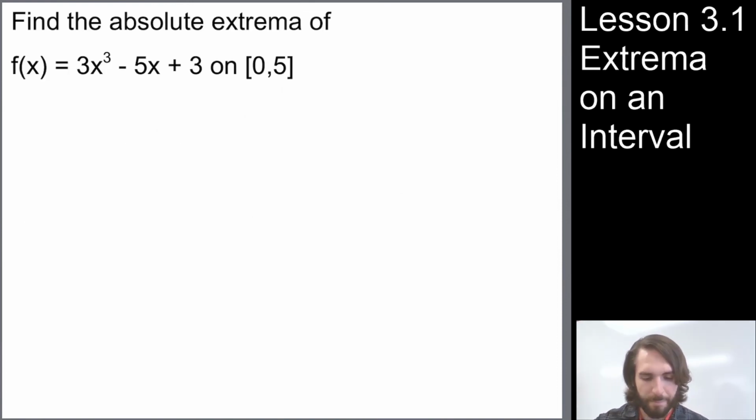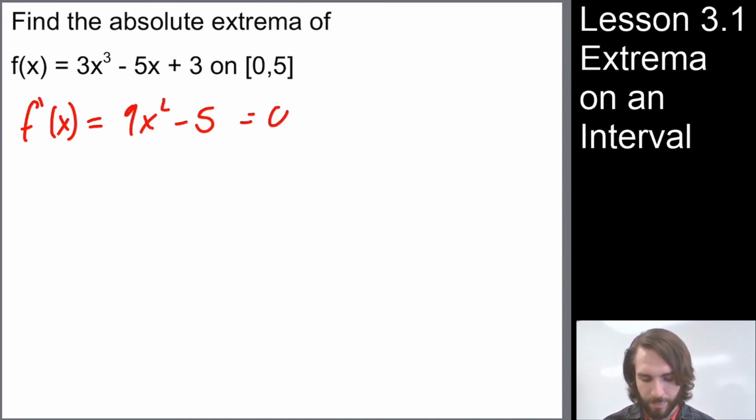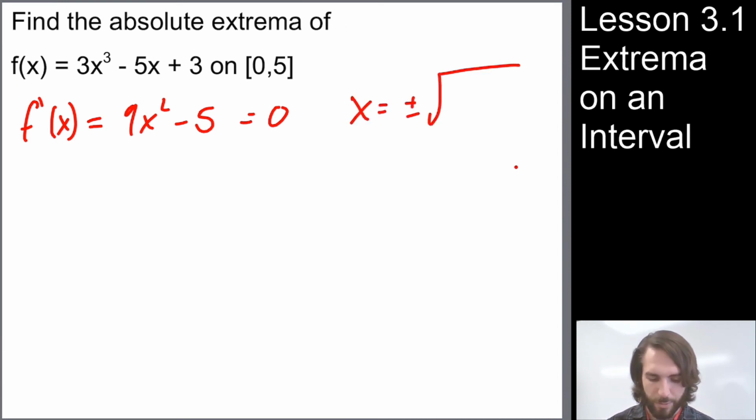Alright, we're just about done. Let's do maybe this last one to wrap up. Find the absolute extrema of this on that interval. So we're going to start by finding the critical numbers, which is where the derivative is 0. Okay, so this is going to be 0 at x equals plus or minus square root of 5/9. Giving us some very nice numbers to work with today.